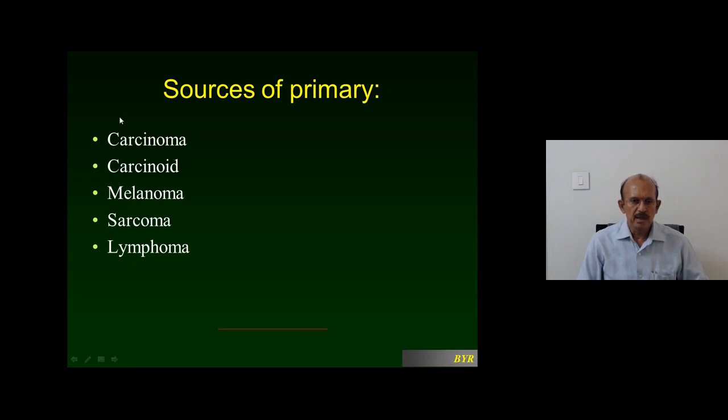So the primaries can be from any one of these tumors. All types of malignant neoplastic lesions can have secondaries in the liver.